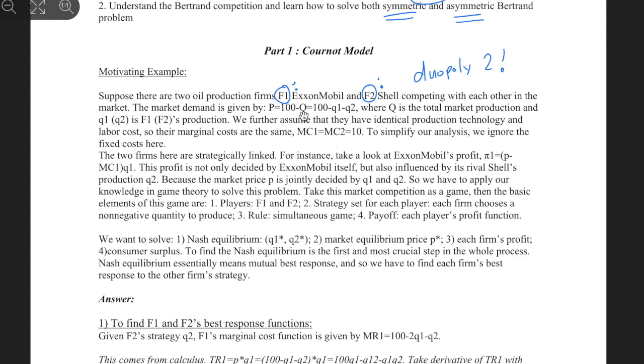And what does that Q mean? When we have the market demand, we're looking at the demand curve P equals 100 minus Q. So we have to understand what this P is and what this Q is.